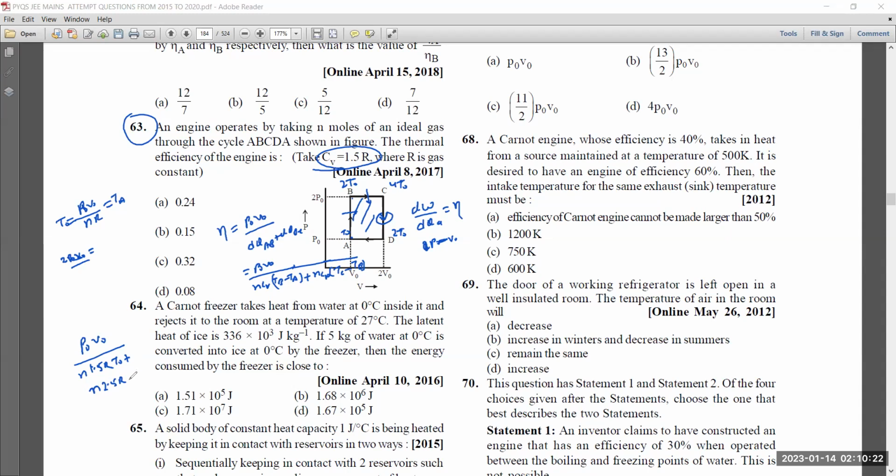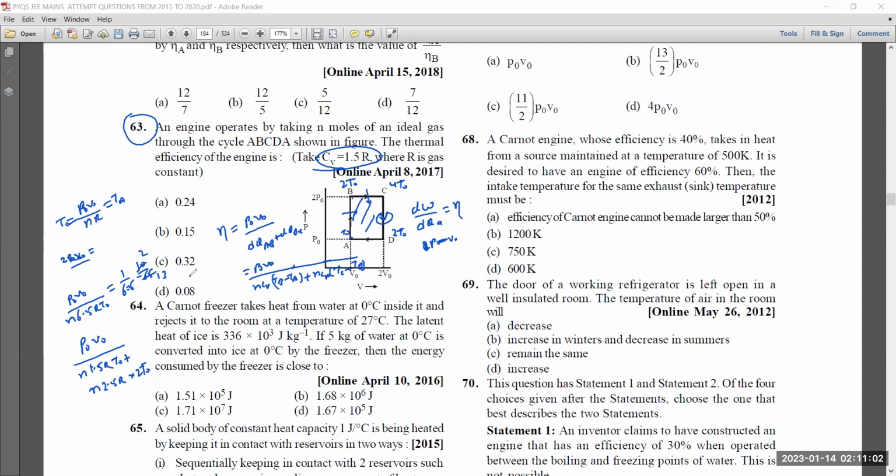And TC minus TB is 2T naught. So our answer is P naught V naught upon how much? 4, no, 5, 6.5. Just correct me if I'm wrong. Yes, 6.5. So it is 1 by 6.5, right? 10 by 65.